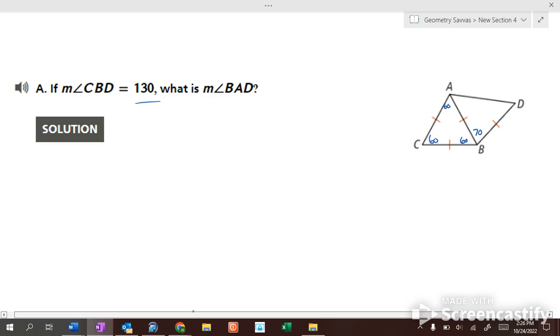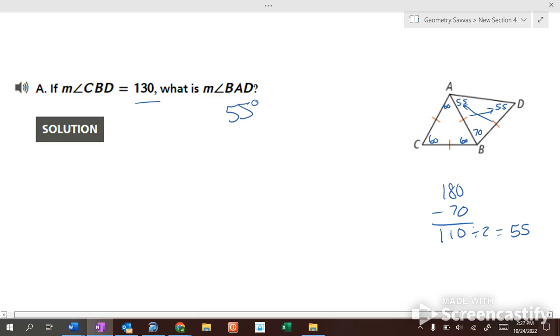Because this angle CBD is 130, so that has to be 70. That's 60. If this is 70 and this is isosceles, those two have to be the same. So you take 180 minus 70. What are you left with? 110 divided by 2 is 55. So this is 55 and this is 55. So BAD is 55 degrees.